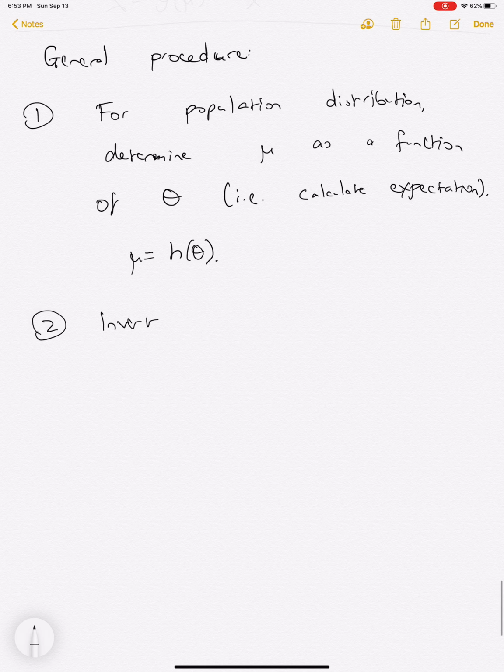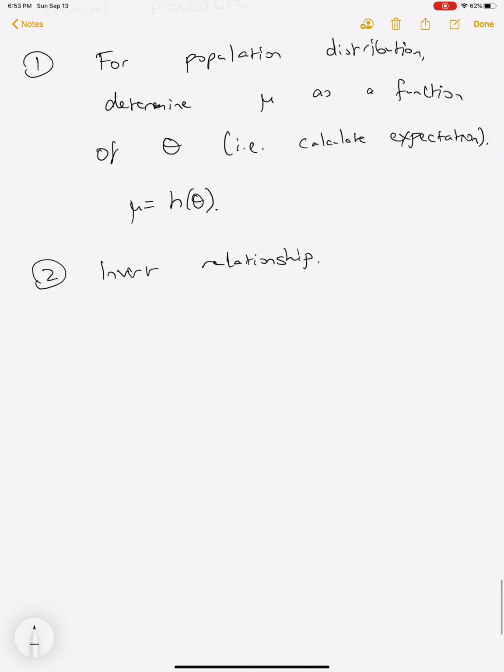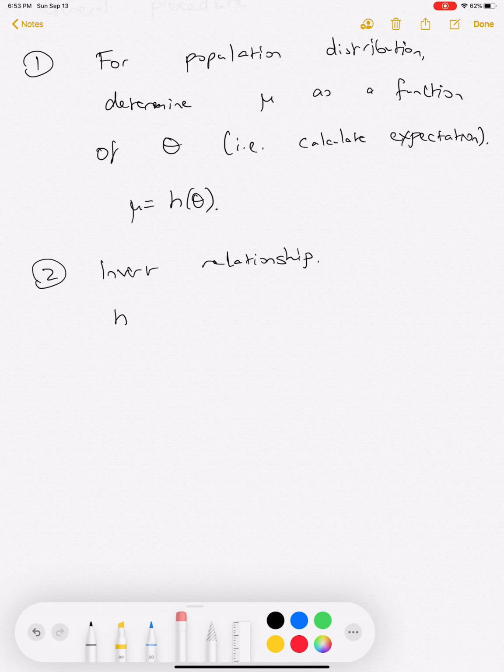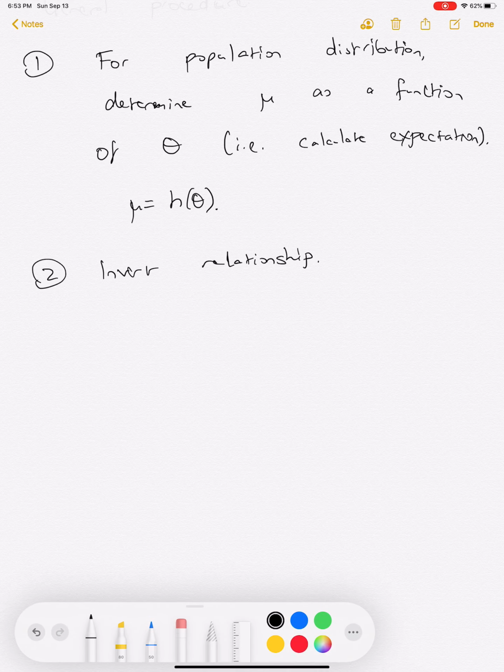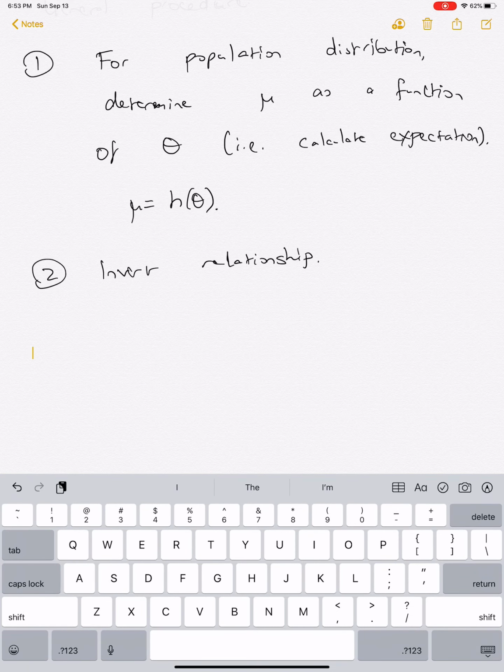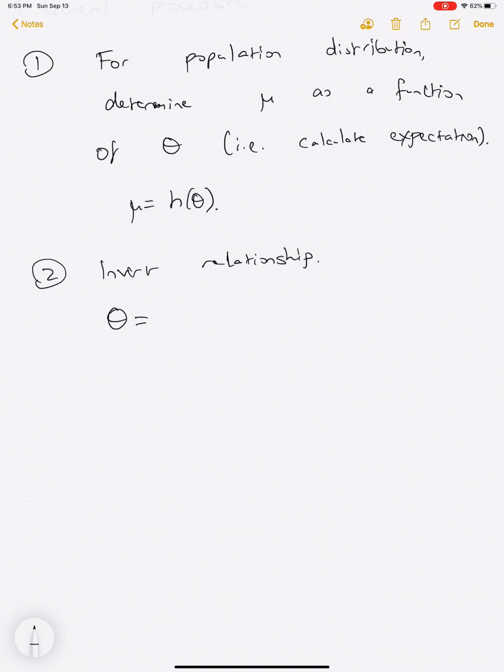Next, invert the relationship. This is how you invert functions, and that's pretty straightforward, hopefully. It's something that you hopefully remember to some degree from your simple analysis course, which is how to invert functions. Theta is going to be h inverse of mu, which is our g of mu.